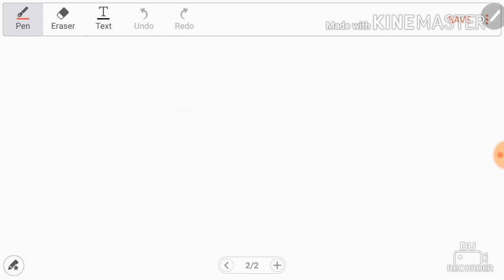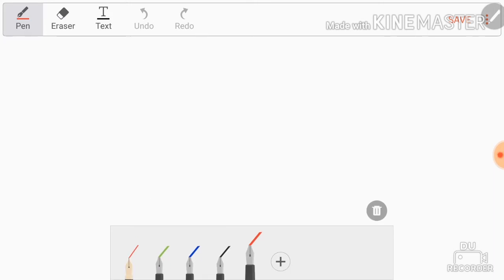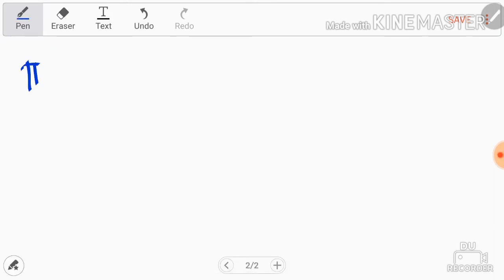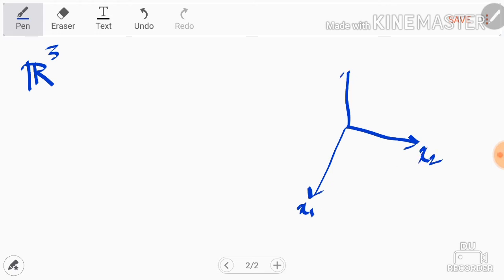Okay, but what if we have R3? This is n is equal to 3. So when you have R3, we have the x1, x2, x3, which is the three-dimensional space. So again, the same example can be taken into consideration.